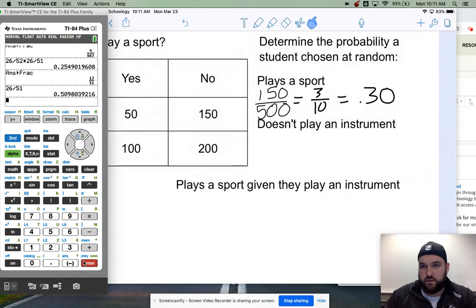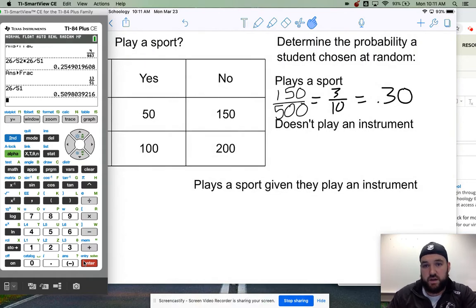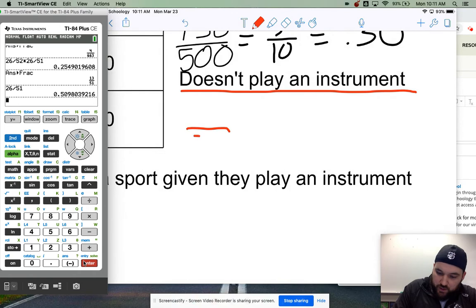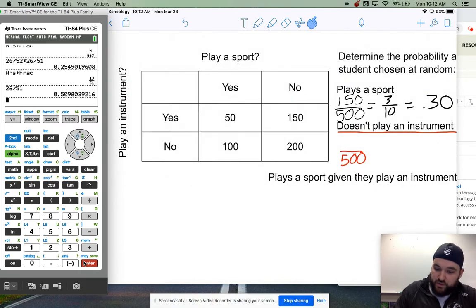So if we go back to here, determine the probability that a student chosen at random does not play an instrument. Again, since it just says a student at random, we know we're working out of 500 total. Then how many people don't play an instrument?